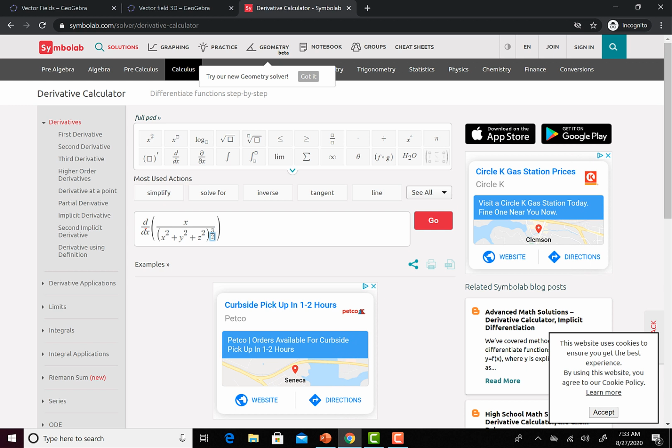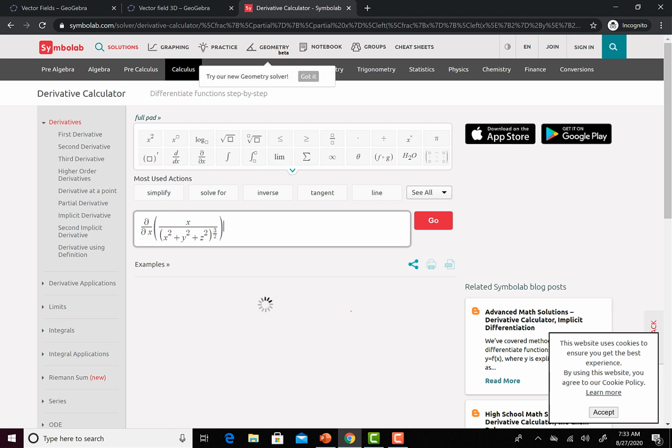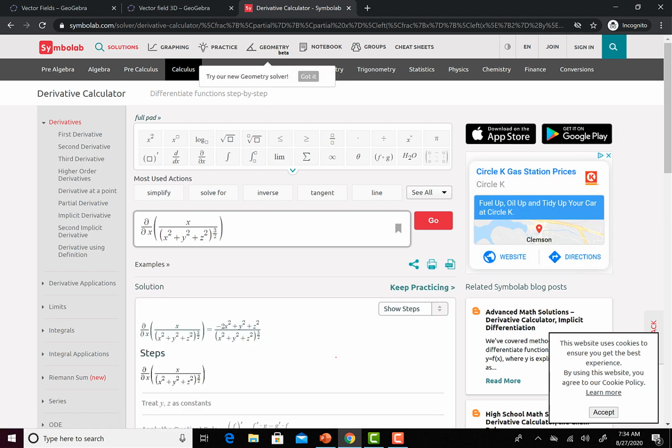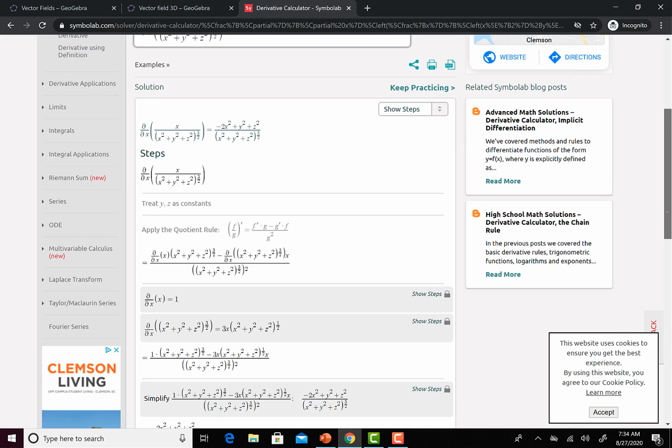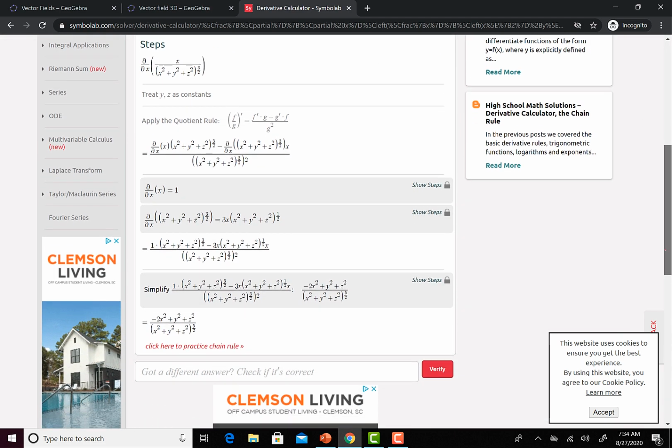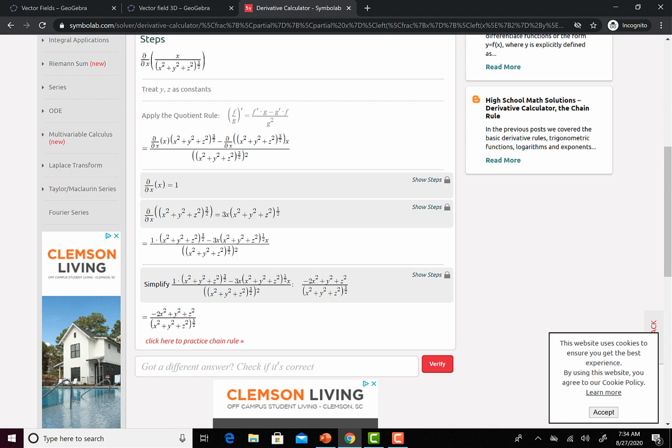Right, and here we want to have 2 by 2x. Right, and then so that's right. So what we got is right, y squared plus z squared minus 2x squared.